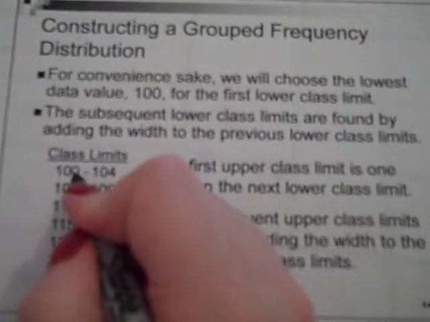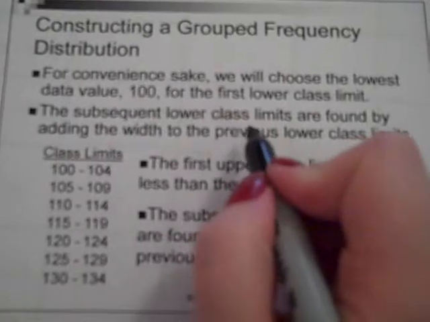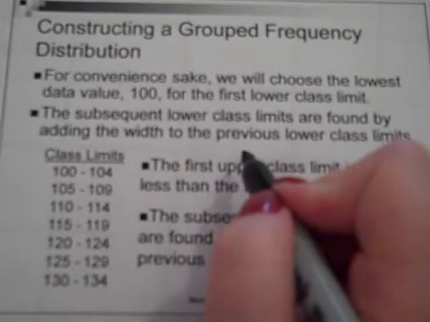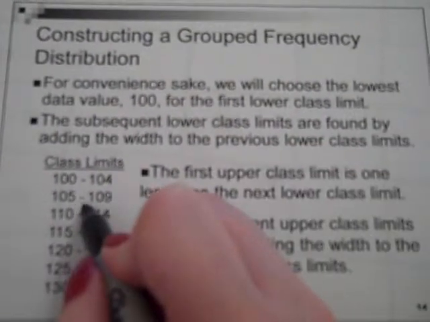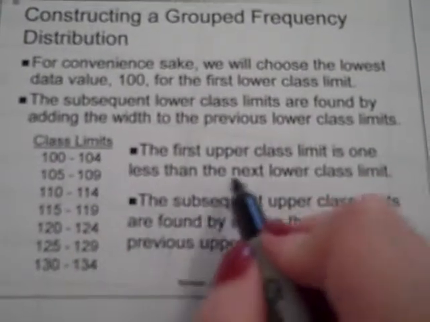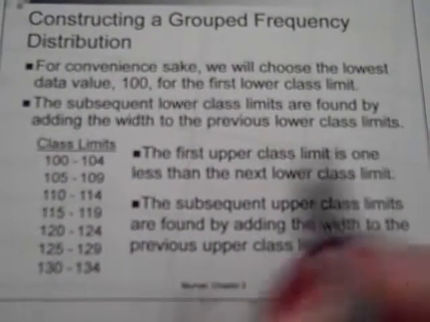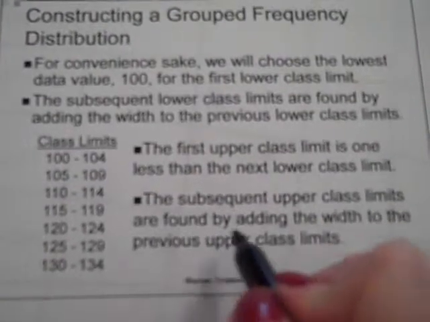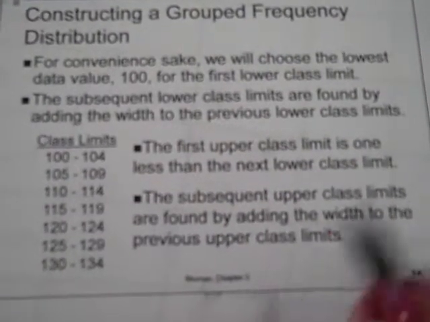And then the subsequent lower class limits are found by adding the width to the previous lower class limits. The first upper class limit is 1 less than the next lower class limit, and the subsequent upper class limits are found by adding the width to the previous upper class limits.